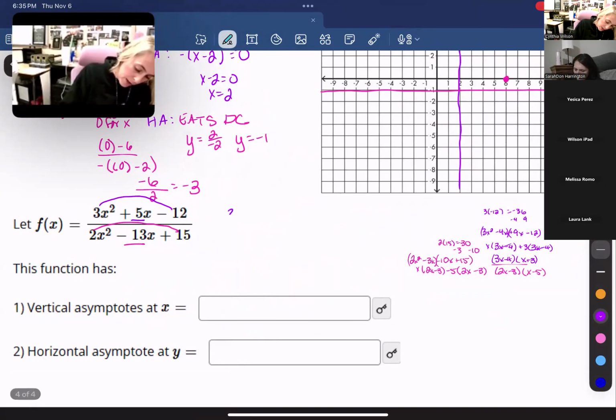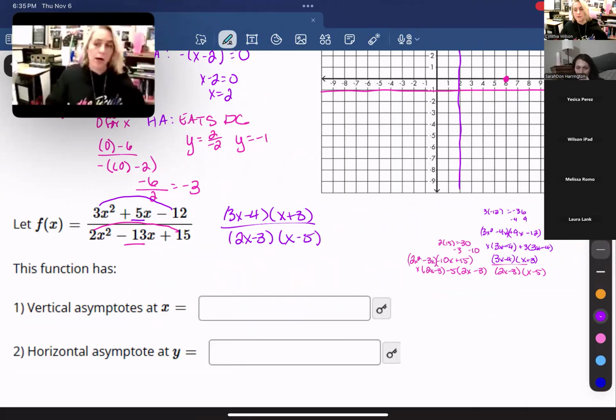So I've got a 3x minus 4 and an x plus 3 and 2x minus 3 and an x minus 5. Okay, I'm actually going to go ahead and have you find all the parts on this one. It's only asking for vertical and horizontal, but we're going to do all of it.